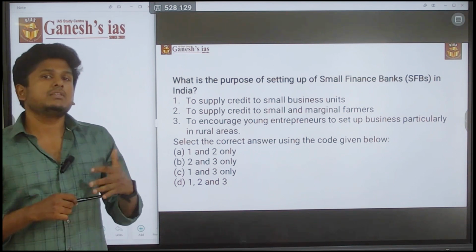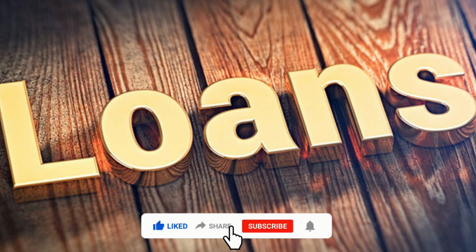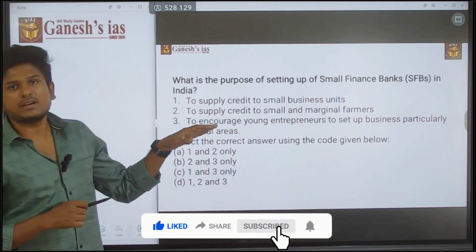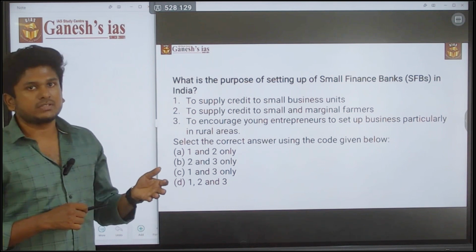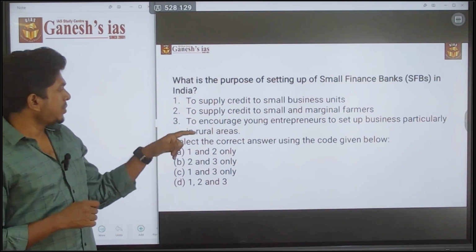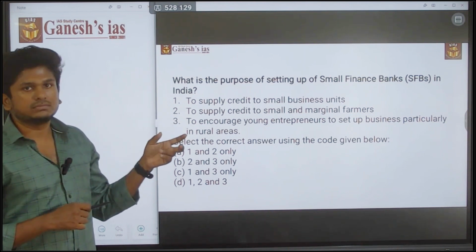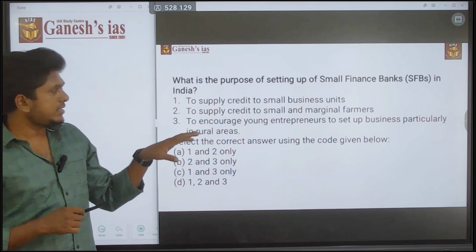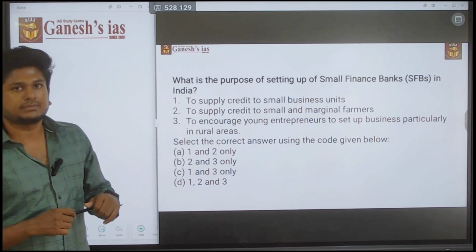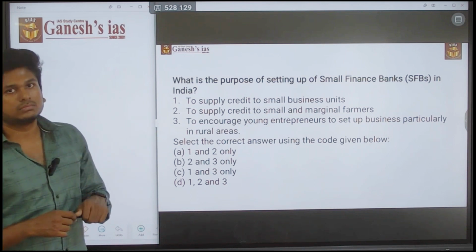They will judge it and then decide whether to provide the loan or not. So they won't encourage young entrepreneurs to do business activities. Next, particularly in the rural area, that is also the wrong way. So these two terms make this statement incorrect, and the statement 3 is wrong.